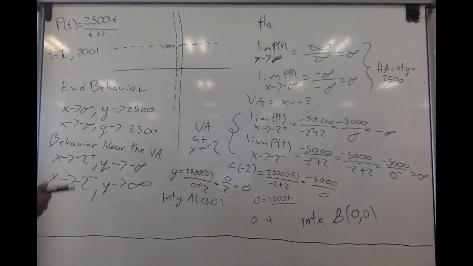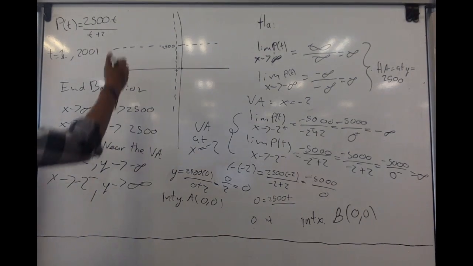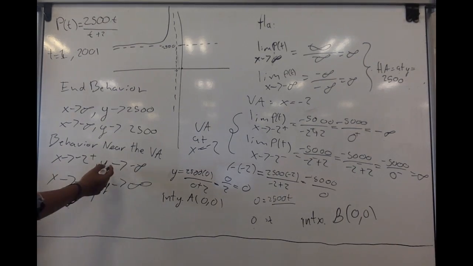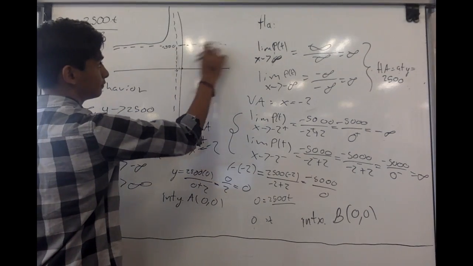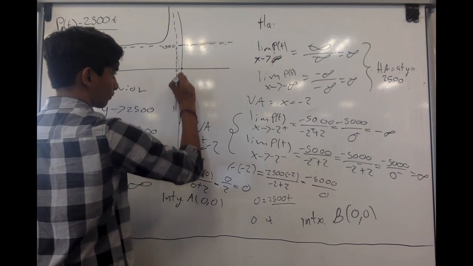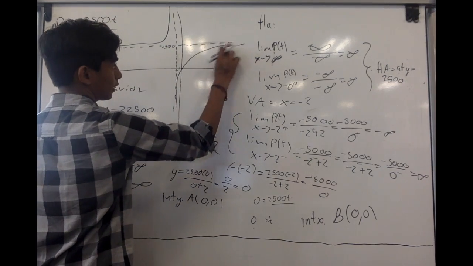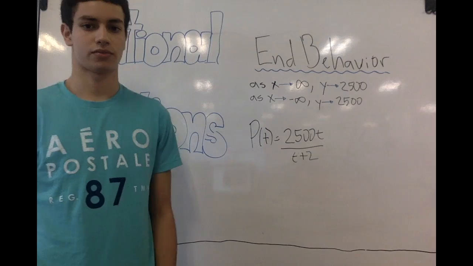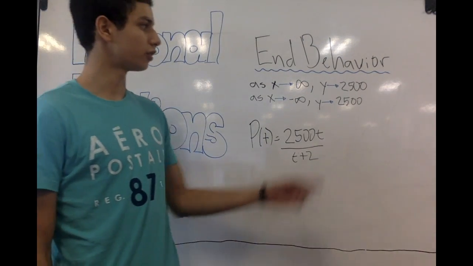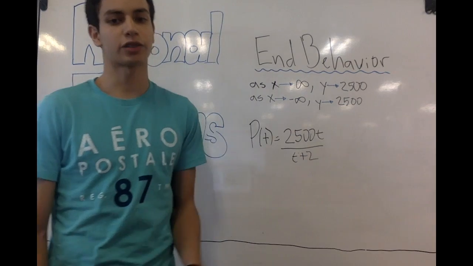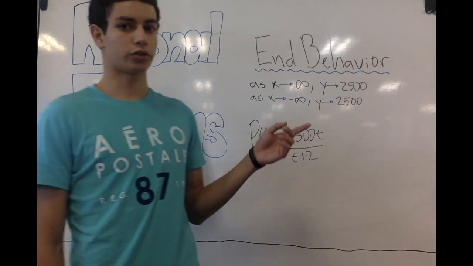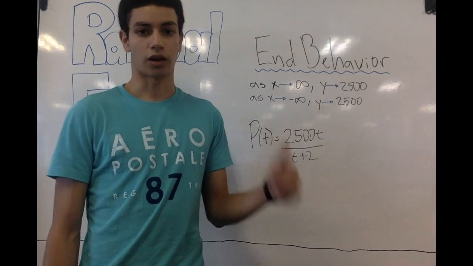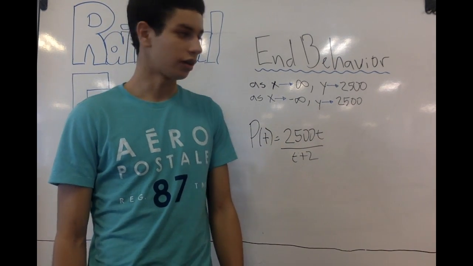We check the behaviors. And that's it. The end behavior of our function is that as x approaches infinity, y will approach 2500, and as x approaches minus infinity, y will approach 2500.